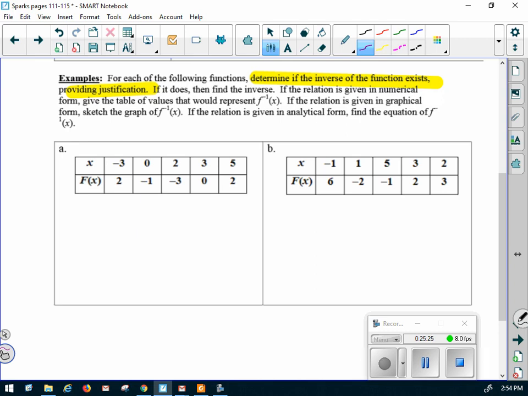So this will not have an inverse. Do you see the author's answer under A? F of x is not 1 to 1 because there's a repeating y value. So since f of x is not 1 to 1, f inverse does not exist. Do you see how the author's writing that answer?